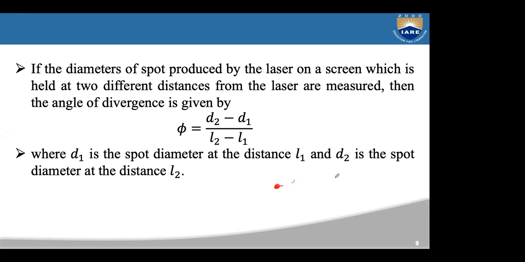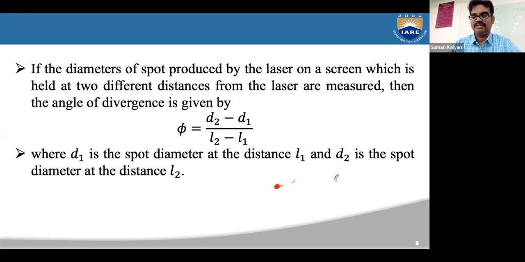Suppose I have a laser source here and this is the screen. If I increase the distance from the source to the screen, the spot radius increases. You have observed it, I guess.